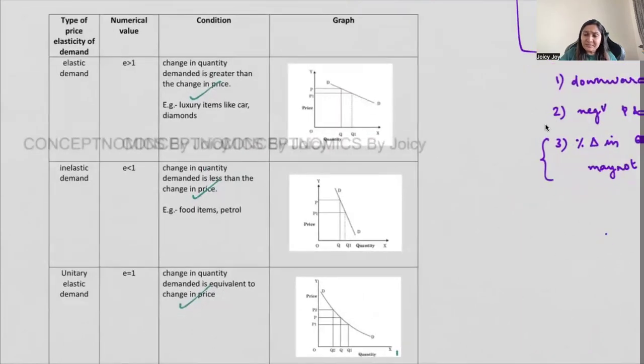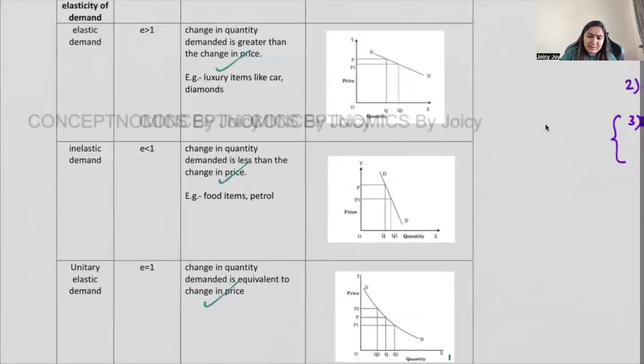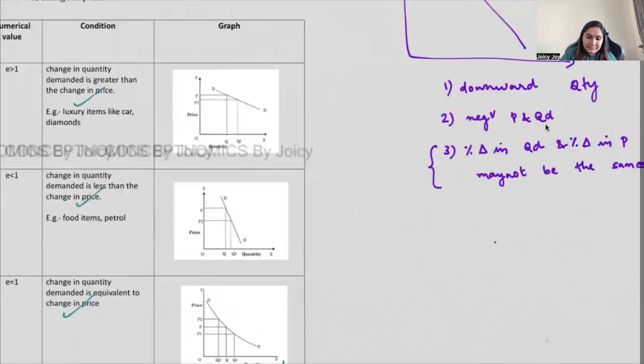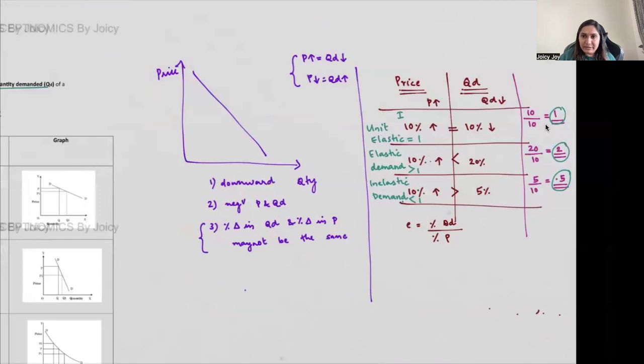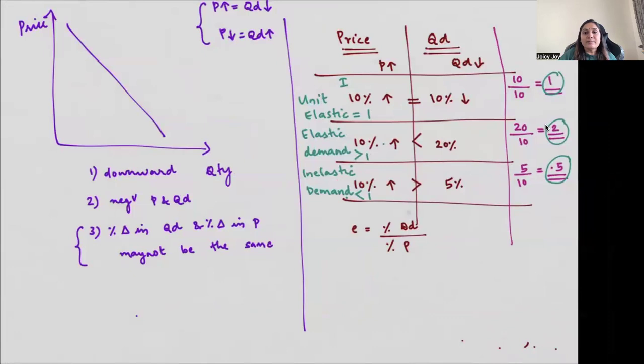And this is how the graphs will be. In case of elastic demand, it would be a flatter curve. And in case of inelastic demand, it would be a steeper curve. Okay, so this is how the graphs would look. I hope it's clear for you. First one, unit elastic, second one, elastic, and the third one, inelastic.